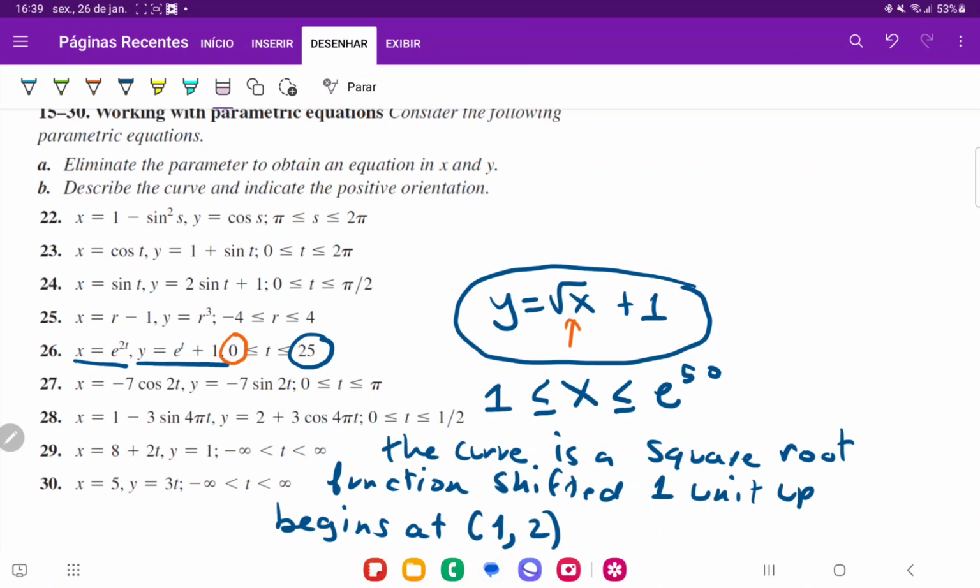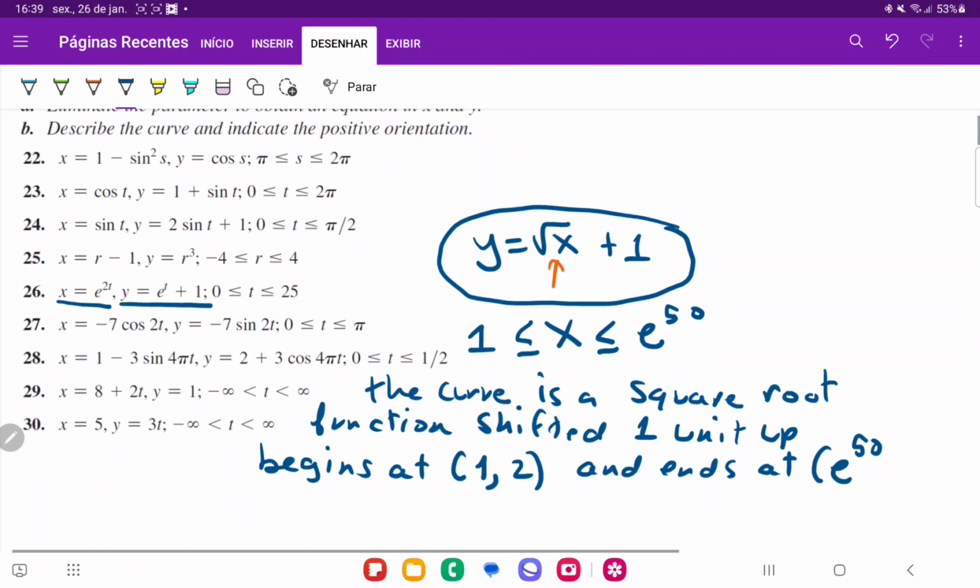And now we're going to test the upper boundary. The upper boundary for x is e to the 50, right? Because we begin at x equal to 1 and end at x equal to e to the 50. So it ends at e to the 50, comma.